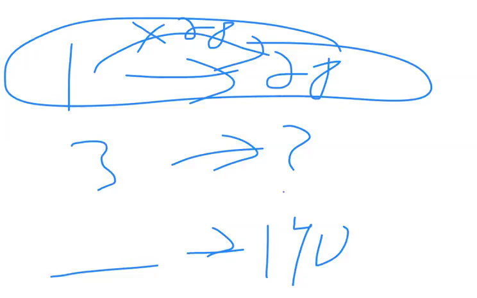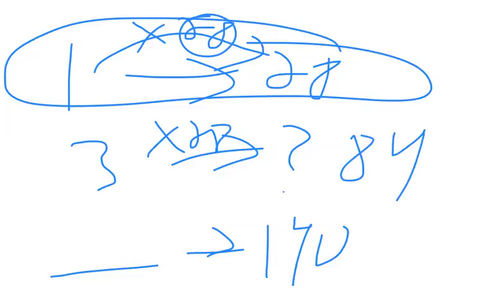I'm telling you what the common ratio is. So you multiply 3 by 28, and 28 times 3 is 84. Now you do the other way: 140 divided by 28, because of the inverse operation, you get 5. Basically you want to maintain the same ratio, if that makes sense.